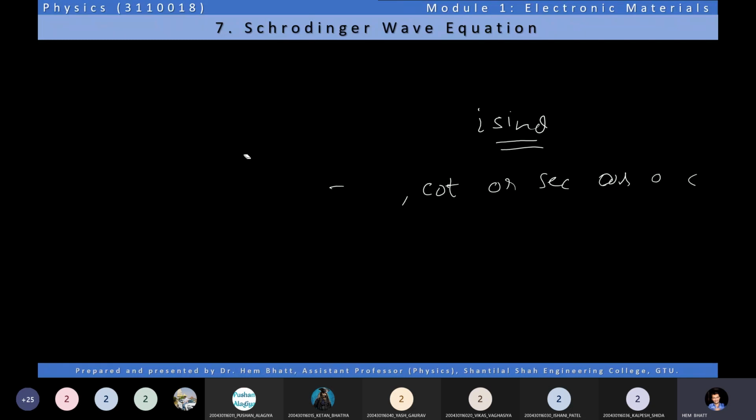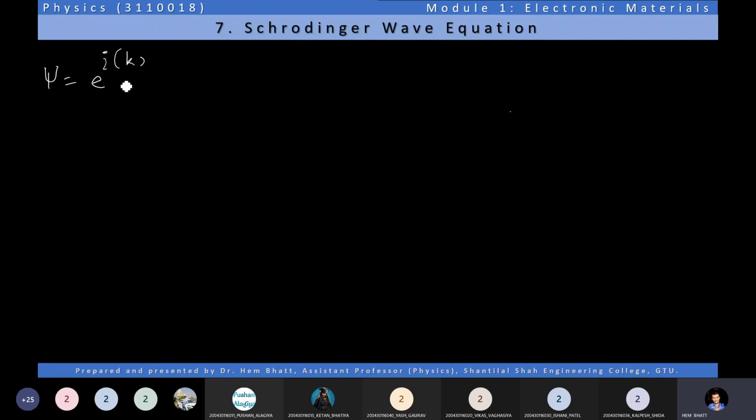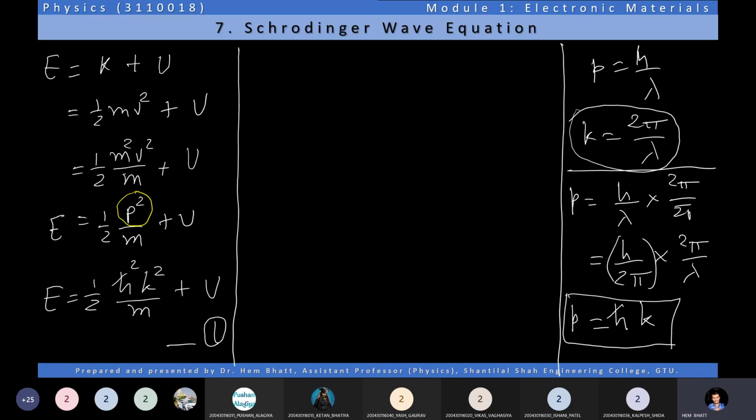So what will our psi function be like? We don't know, but we know that it has to be a wave. It is a wave equation, that much we know. So we should be able to represent it in terms of sine or cos. So let us write psi as e raised to i kx minus omega t. What is omega?